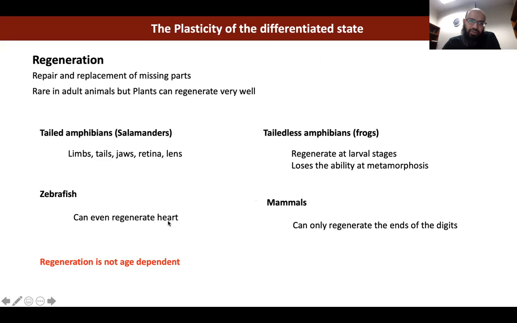So the tailed amphibians, the salamanders, have this exceptional ability to regenerate their limbs, tails, jaws, even retinas and lens as well.